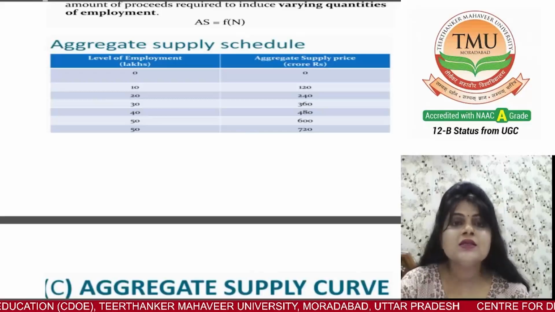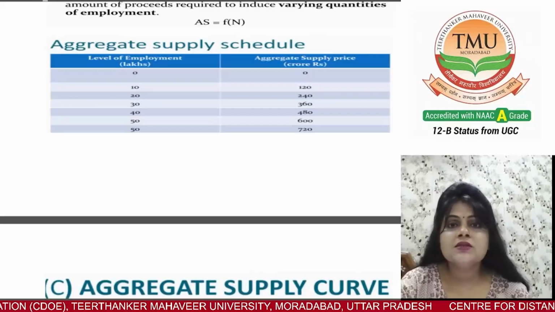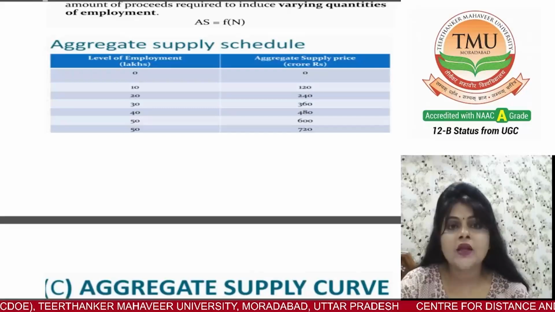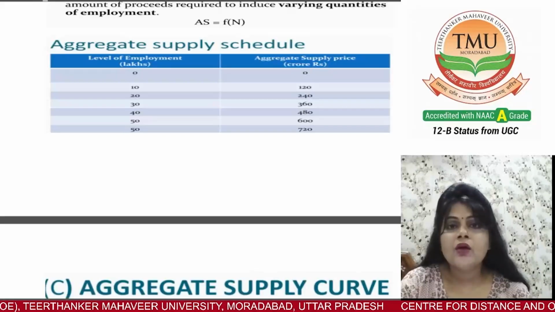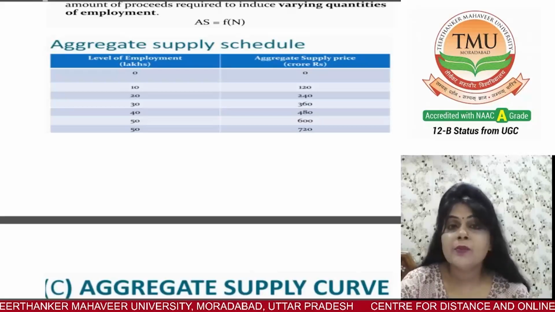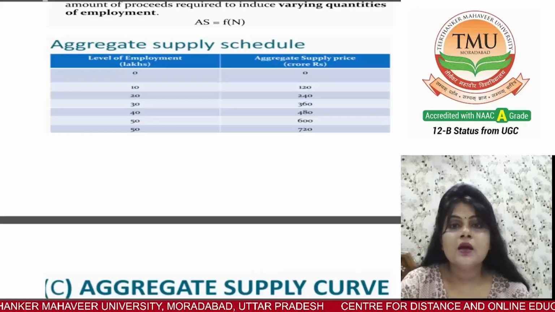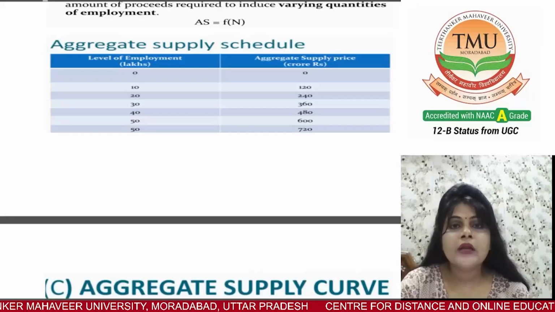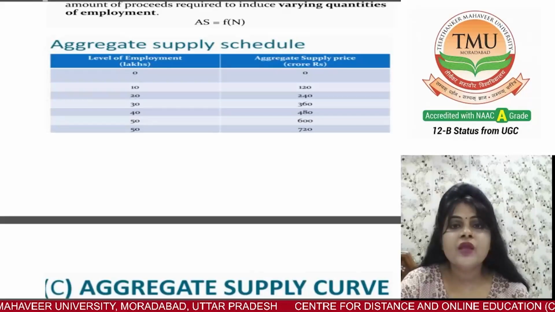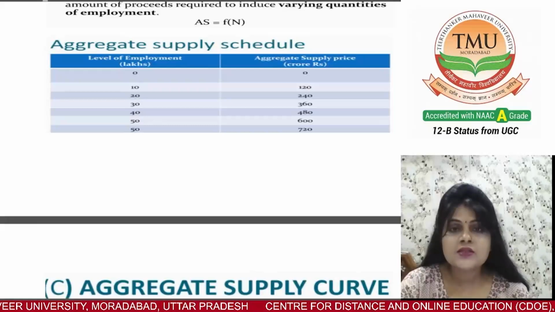When it increases to 20, the aggregate supply price is 240. At 30, the aggregate supply price is 360. At 40, it is 480. And when employment increases to 50, the aggregate supply price also increases to 600.